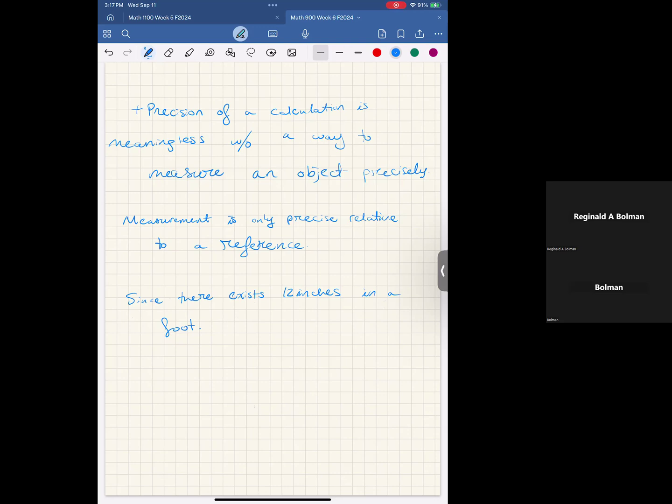It's only with the advent of machining, and specifically precision screw mechanisms, which were invented in like the 1750s. Okay.